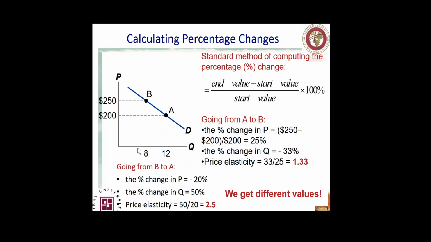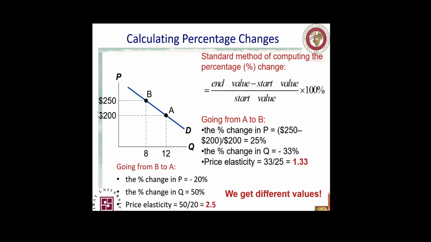Now, I'm sorry, I made a mistake. This is the final. I made a mistake, I'm very sorry. So 8 minus 12, that is minus 4 over 12, because this is the beginning. I mistakenly said 8. And you will get minus 33.33%. Drop this negative sign. Drop this one. You don't have to care about it.